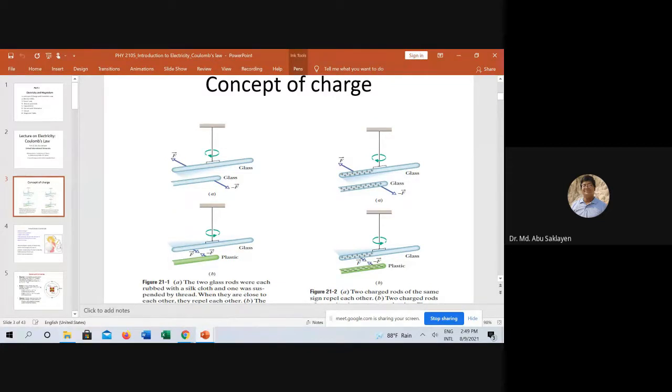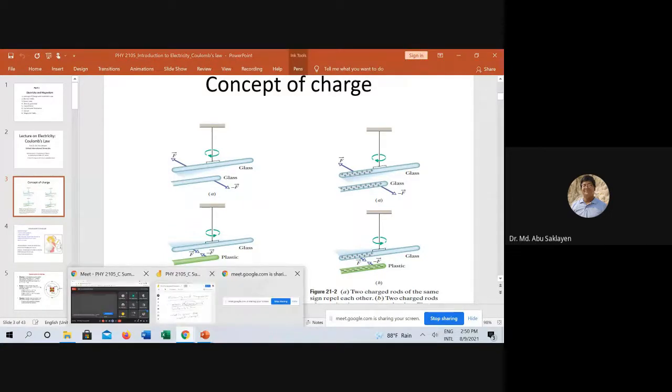When an electron transfers from one object to another object, the atomic structure will not change, because atomic structure does not depend only on the orbiting electrons around the nucleus.